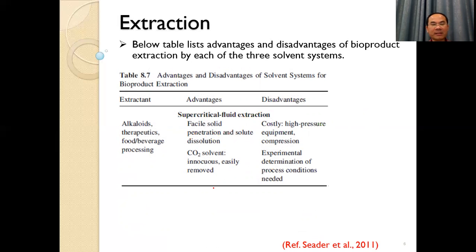But the disadvantages are high cost, because of the high pressure equipment and high compression. And also in this case, we need experimental determination of process conditions before large scale. The extraction targets for this system are, for example, therapeutics and food and beverage processing.